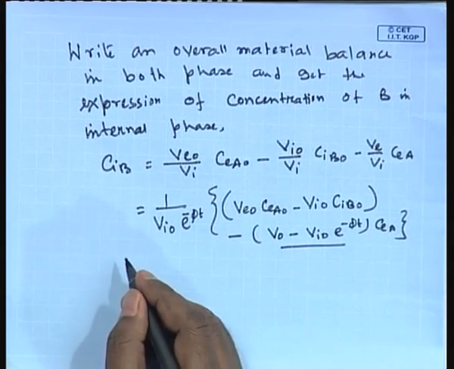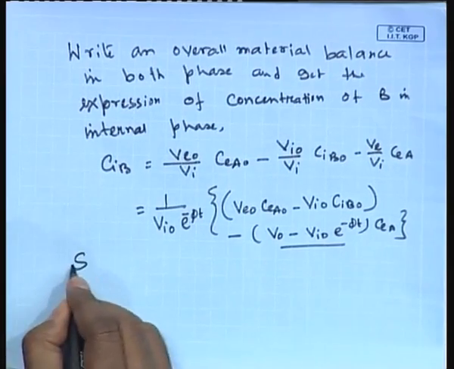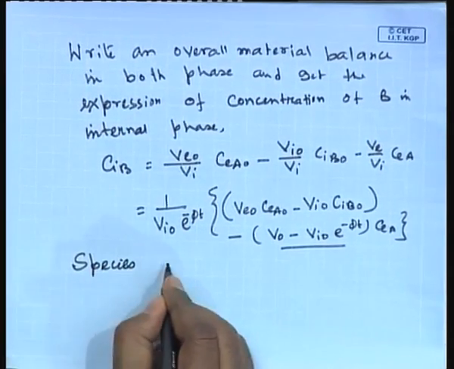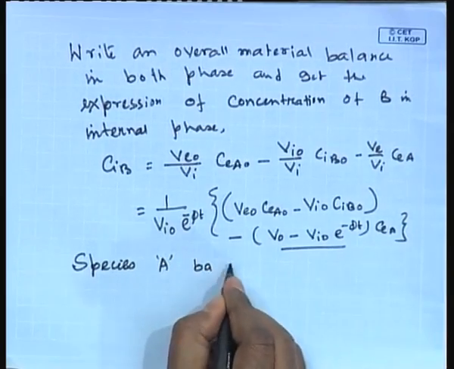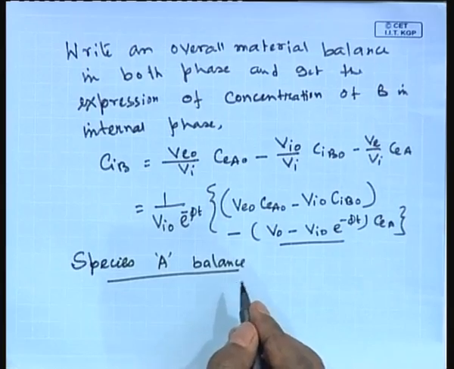Okay. Now, you do the species A balance, and you will be getting the time variation of concentration of A in the external phase.